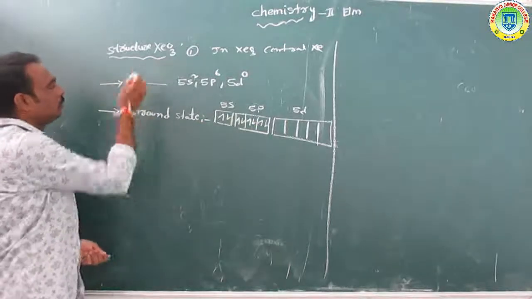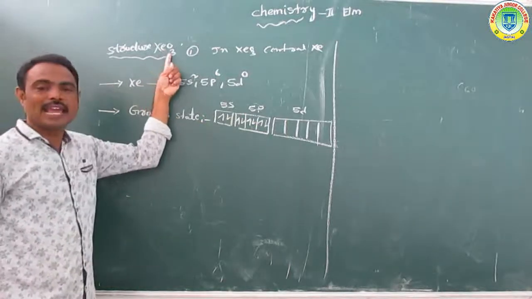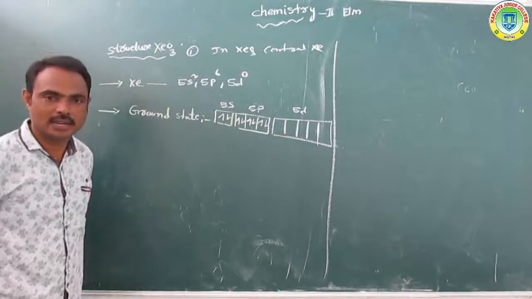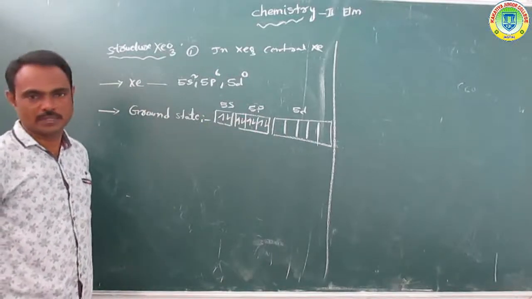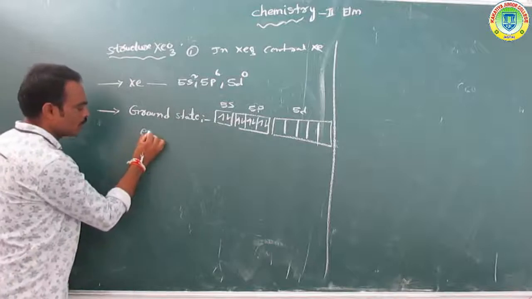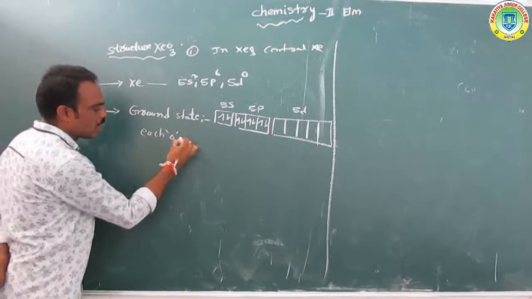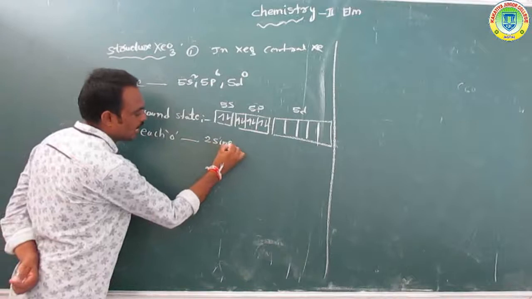Overall, how many oxygen atoms does xenon trioxide contain? 3 oxygen atoms. Each oxygen atom contains 2 single electrons.